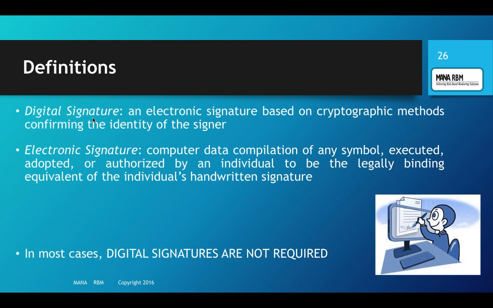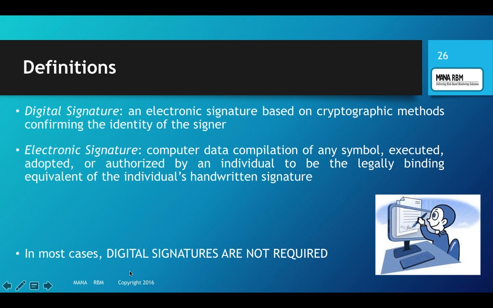There are certain companies that will give you a little tool that you can use to confirm who you are. Sometimes it could be something like a fingerprint. It could be any number of different things. So this is a higher level signature, but the electronic signature is basically a computer data compilation of any symbol executed, adopted, or authorized by an individual to be the legally binding equivalent of an individual's handwritten signature.